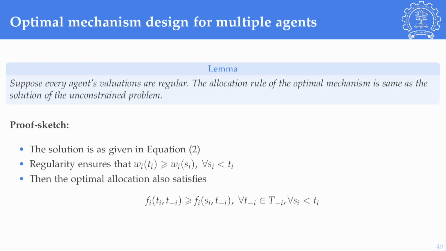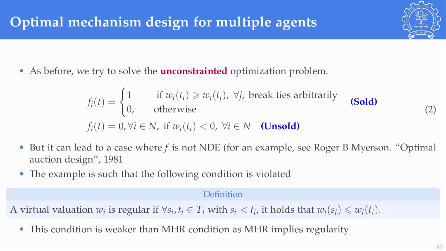So, the argument that we just made. What we observe now is that the allocation is actually monotone, and therefore it is not only non-decreasing in expectation, it is actually non-decreasing. It is giving me more than what I wanted. So, I assume that this Wi is monotone non-decreasing, and I allocate the item to the agent who has the maximum virtual valuation.